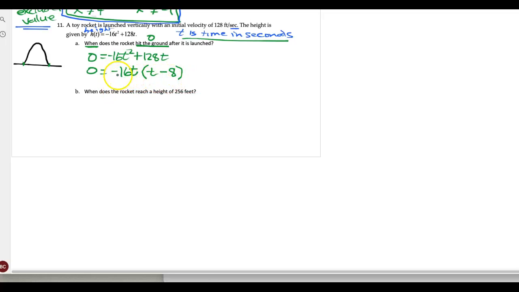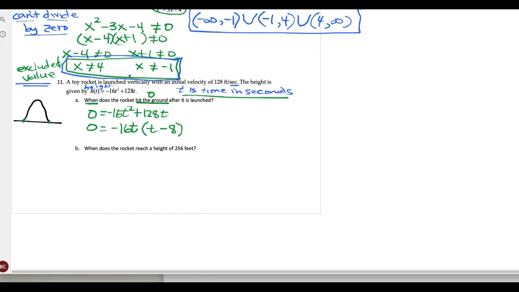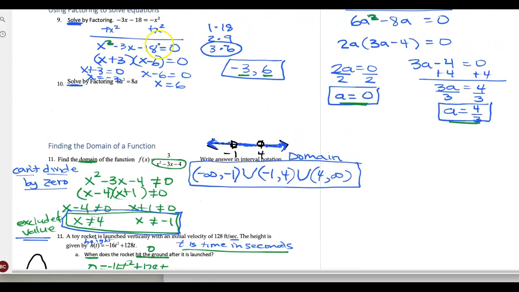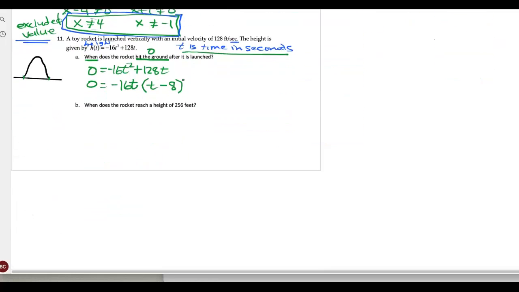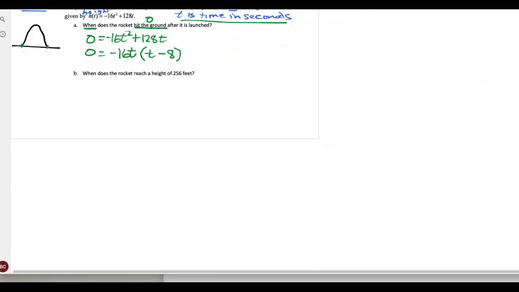And now, just like we did above, we're going to set both of those parts equal to 0 and solve. We're trying to figure out what t is, not excluded values like the one here, but like what we did up here. So I've got negative 16t equals 0 and t minus 8 equals 0.